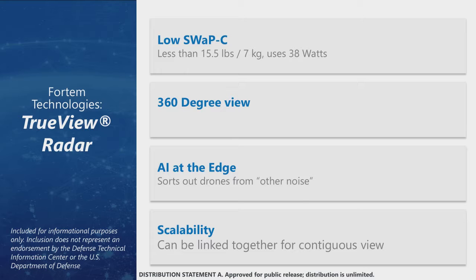One of the nice things about this is it can be linked together for a contiguous view of an entire area. That uses some AI ML on the back end to get your view synchronized.